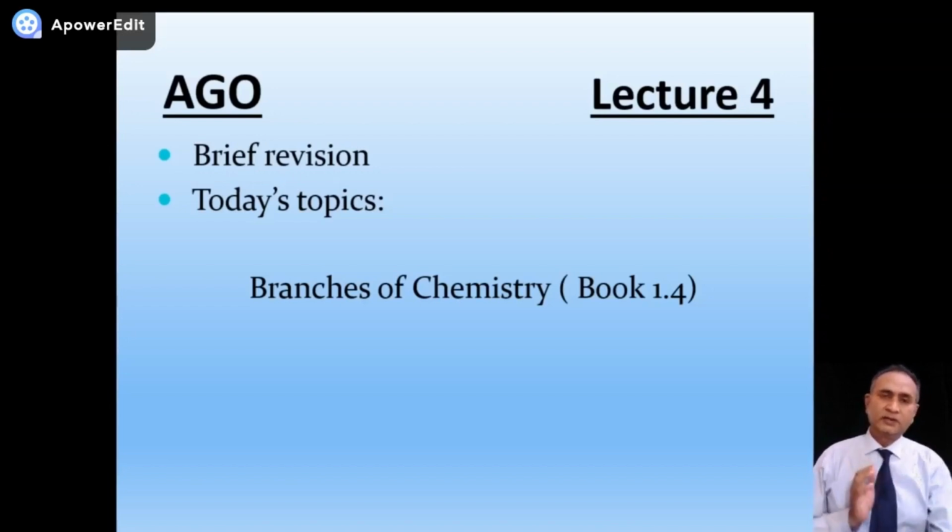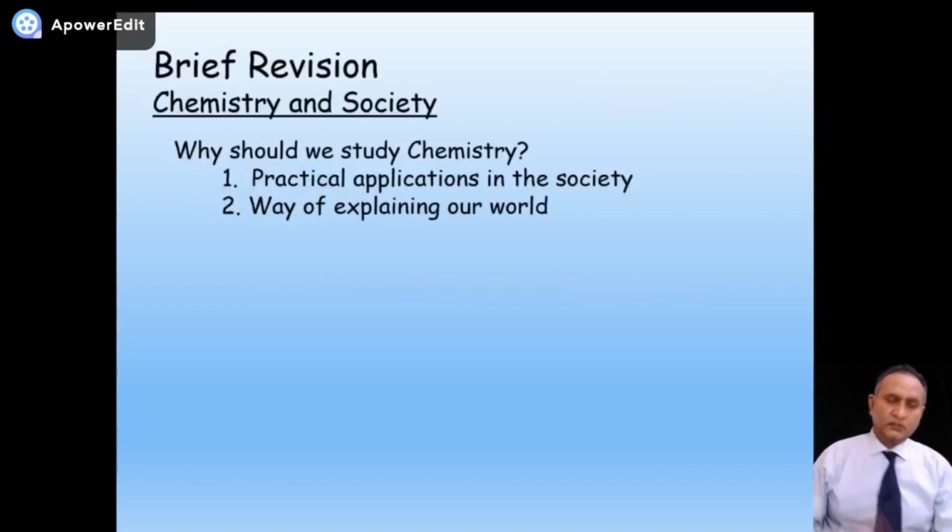All right. Okay, so what was the last topic that we covered? Chemistry and society. We know that chemistry plays a very important role in our daily life. Why? Because whatever we study in chemistry, we can apply that information in our daily life in the form of different products, right?